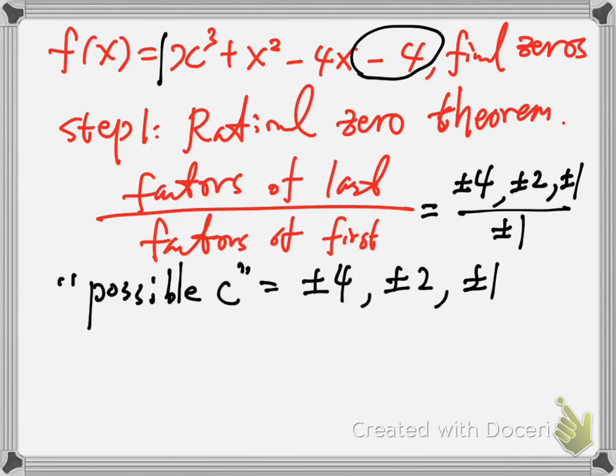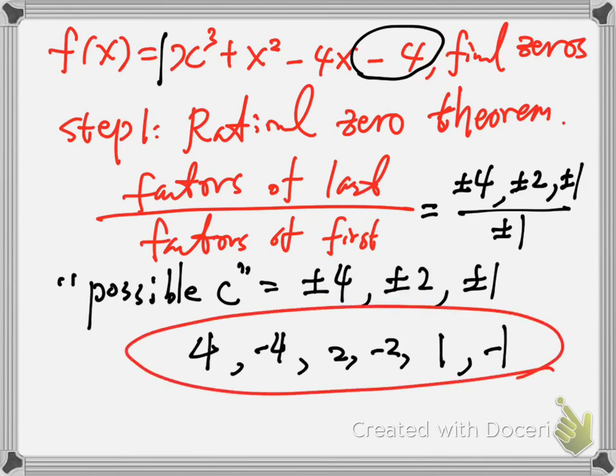In your exam you have to put 6 numbers. Don't write the plus minus sign. It's 4, negative 4, 2, negative 2, 1, and negative 1. The order doesn't matter, but you have to put 6 numbers. So this is step 1: we get 6 possible c.